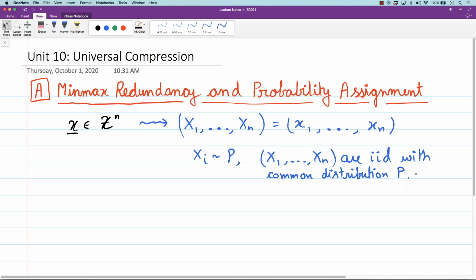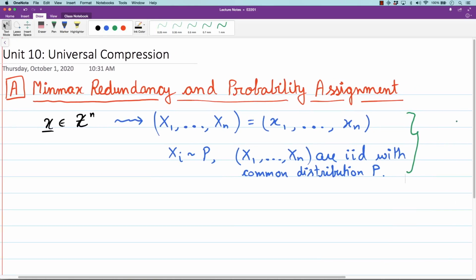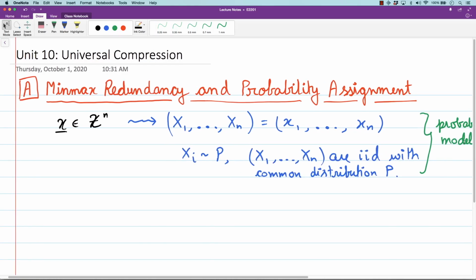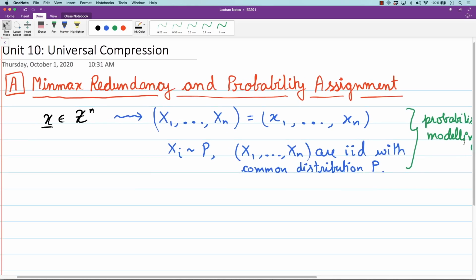You just have this data. This is just a sequence of symbols, and this modeling that we have been doing, we can think of it, as I called it in the earlier lectures, as probabilistic modeling, which we use to come up with some theory for universal compression.